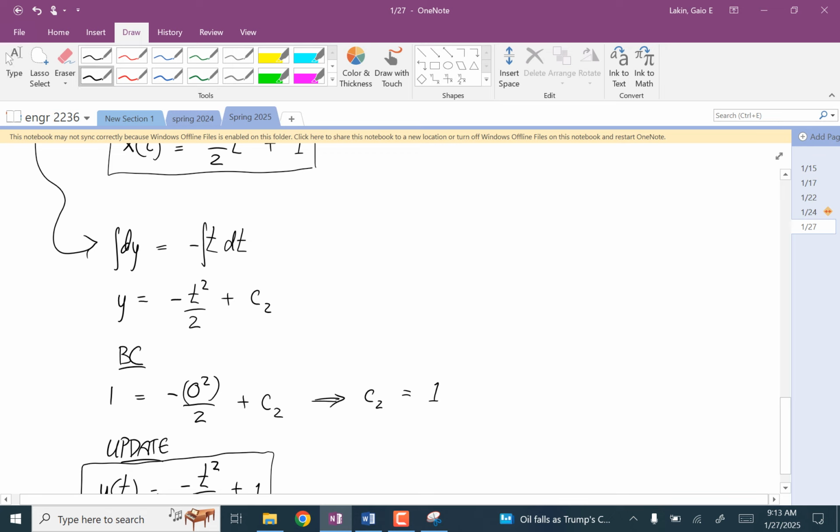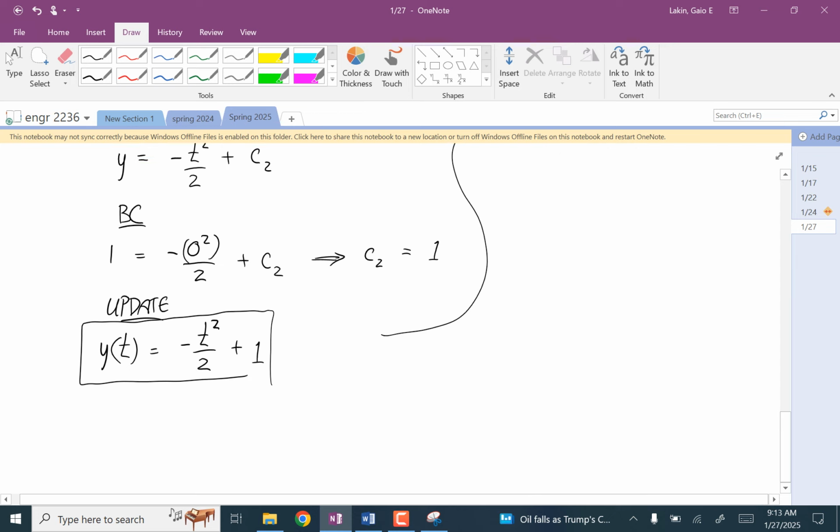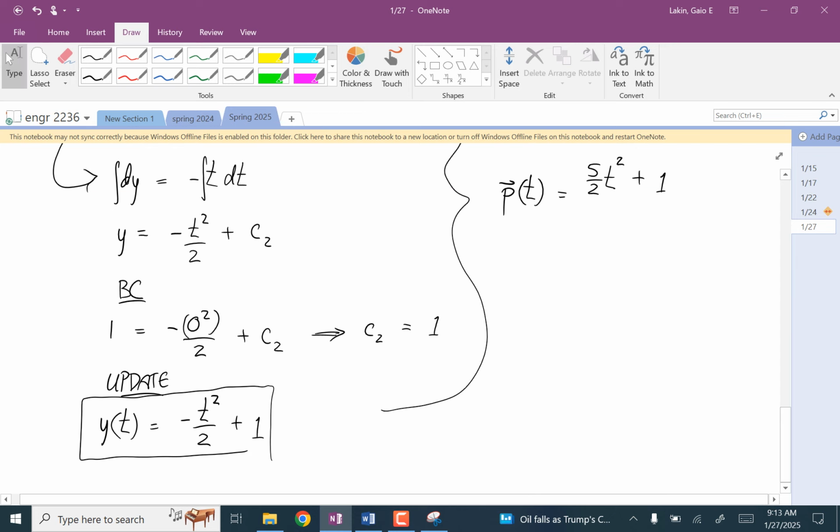And then if you wanted to write these together, you could think of this as the position vector as a function of time is equal to, for the x component, 5/2 t squared plus 1. For the y component, -t squared over 2 plus 1. And there you go.